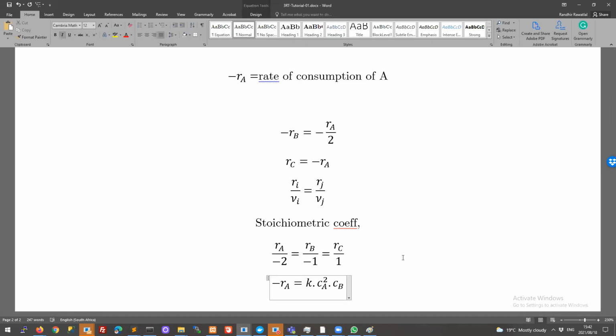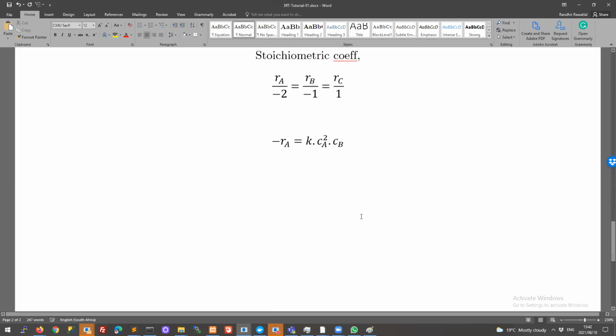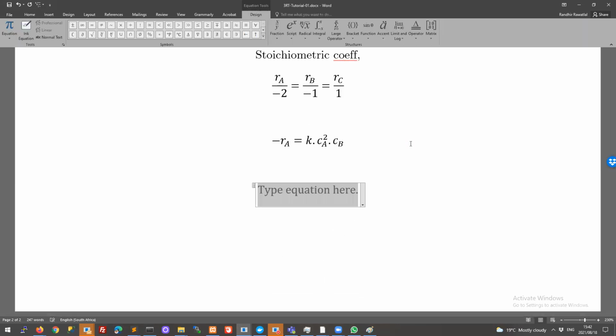And if we want to generalize that a bit, we can say, generally speaking, R_I equals the product of C_J raised to the power, and I want to say here the absolute value of nu sub J, and then there's a kinetic constant k in front.